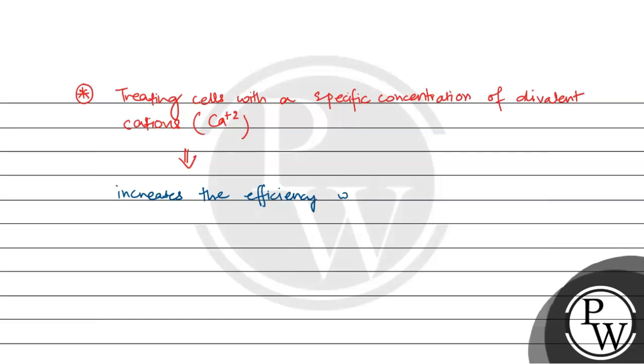The efficiency with which DNA enters through the pores in the cell walls of the bacteria.